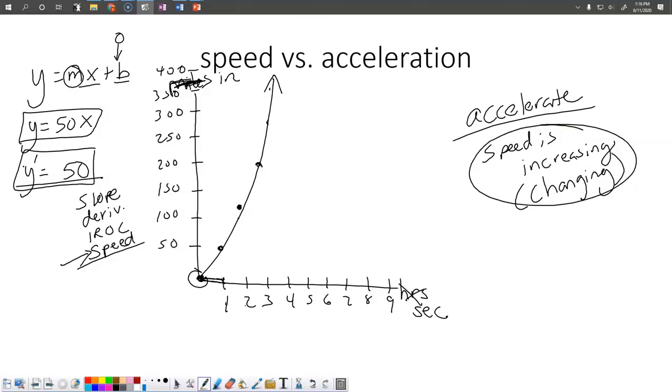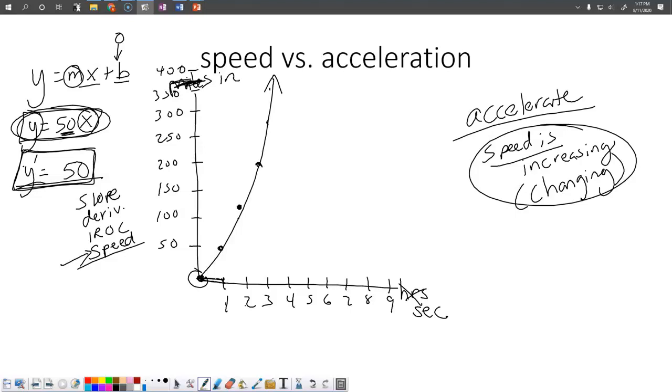Okay? Now, but here's another interesting thing here. What we had up here before, let's go back to this. This was an equation that represented after a certain number of seconds went by. If I multiply that by 50, that will tell me how far my bicycle went. And when I took the derivative of that, that told me how fast my bicycle was going at any point in time, right?